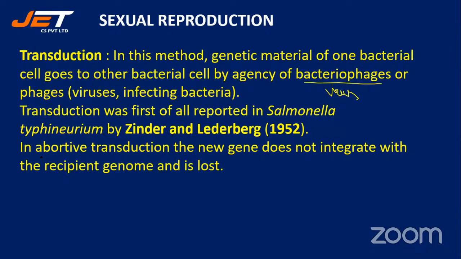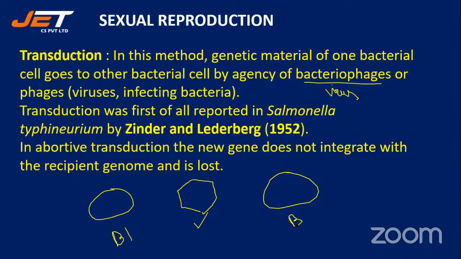What is abortive transduction? Suppose this is the bacteriophage, this is bacteria 1, and this is bacteria 2. The genetic material of this bacteria will now be transferred into the other.